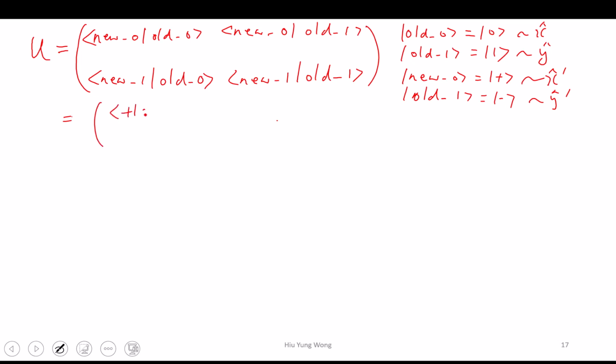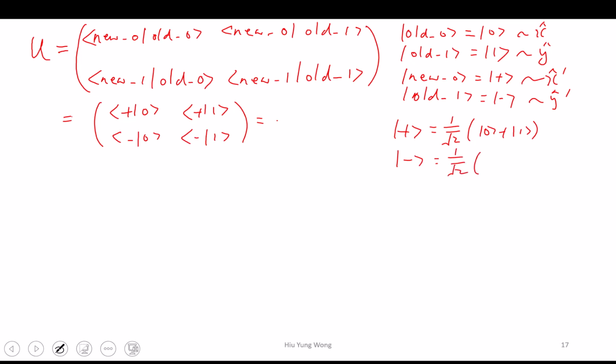So this is basically plus inner product with 0, plus inner product with 1, minus inner product with 0, and minus inner product with 1. If you remember the definition, plus equals 1 over square root 2 times (0 plus 1), and minus equals 1 over square root 2 times (0 minus 1).